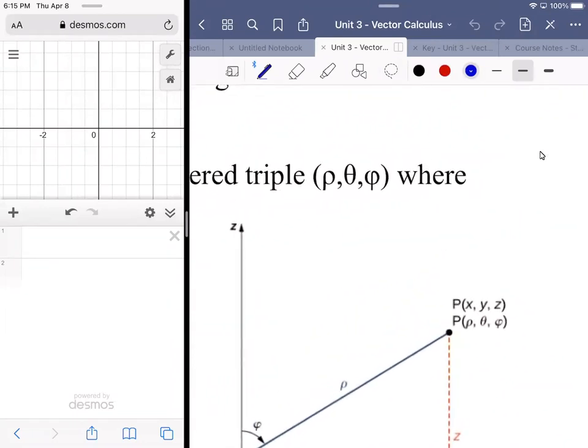All right, it's all written there, but I'm going to jot it down here anyway. The rho, the funky looking P, the Greek letter, represents the distance from the origin. The theta represents the angle in the XY plane.